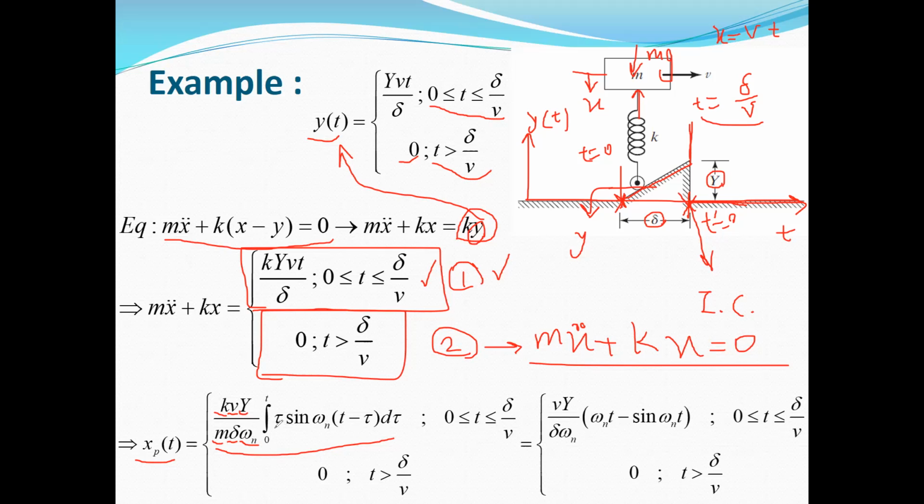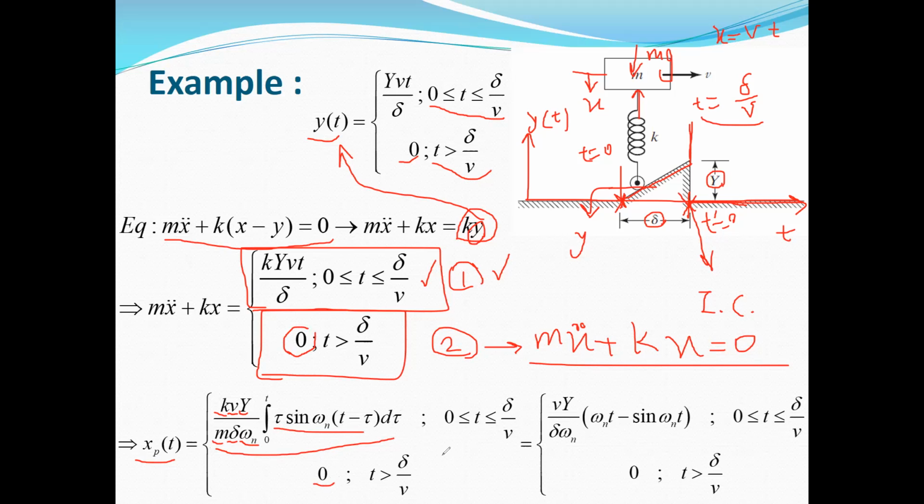And then you need to calculate this integral, tau times sine omega n (t minus tau) d tau. Finally, the particular response for t more than delta divided by v is 0, because there is no non-homogeneous term here, so the particular response is 0.